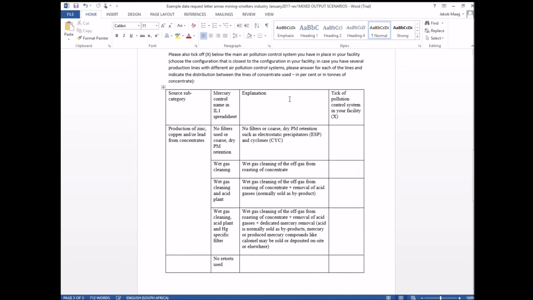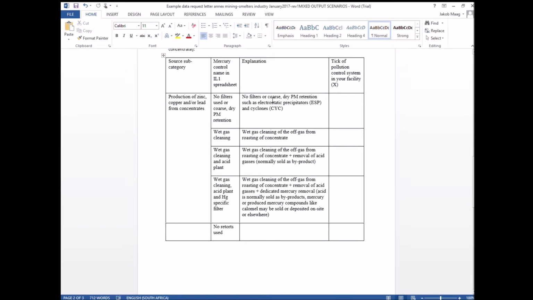Okay, so here you can see that it's the same kind of filters that we had in the spreadsheet. And so here they can, if they only have one production line or if they have the same filter systems everywhere, tick off, for example, yes, we have cyclones only, so they put a tick mark here. Or perhaps they have the wet gas cleaning and acid removal in an acid plant.